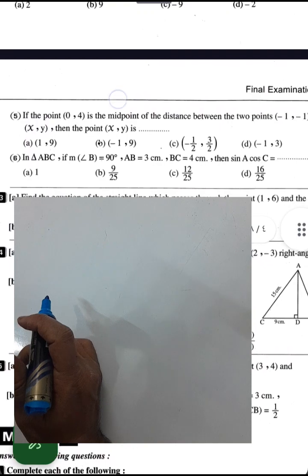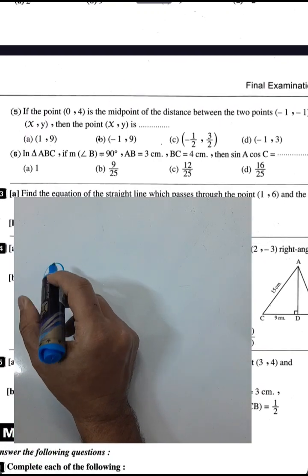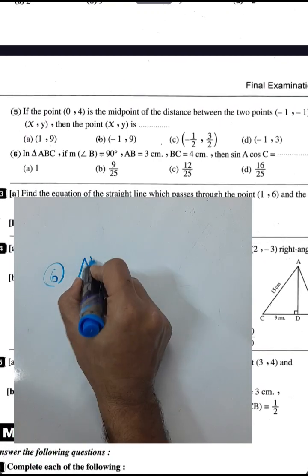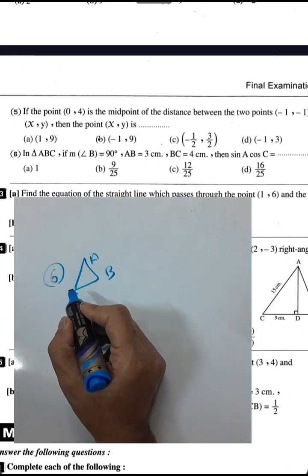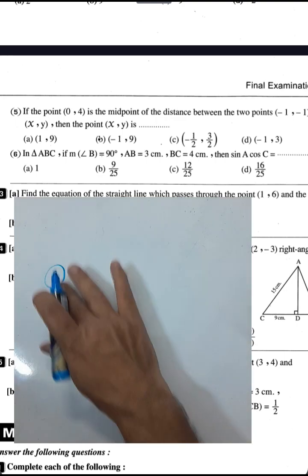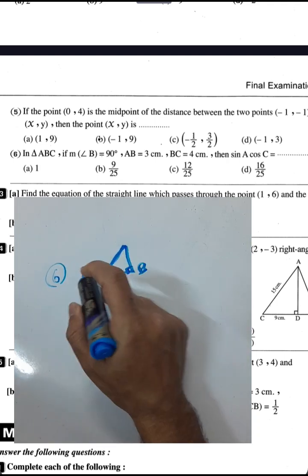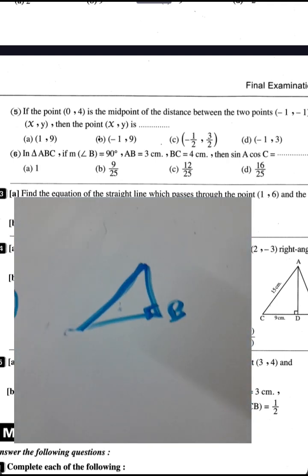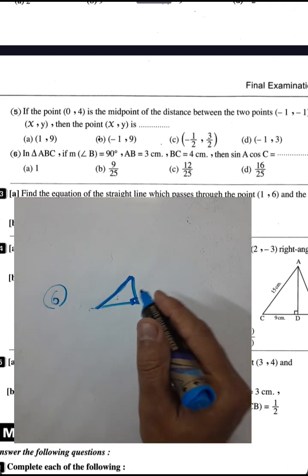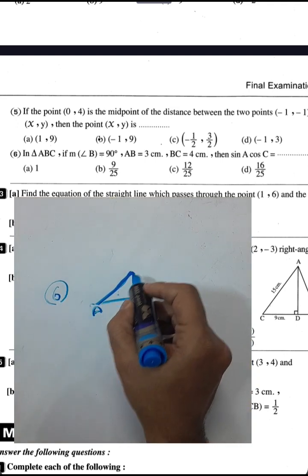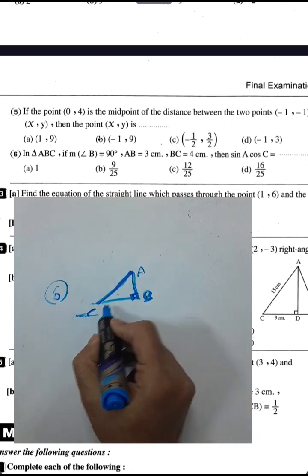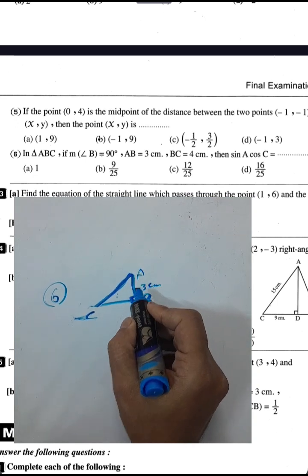Question number 6. In triangle ABC, if the measure of angle B is 90 degrees, it is a right angle triangle. Here AB is 3 centimeters and BC is 4 centimeters.